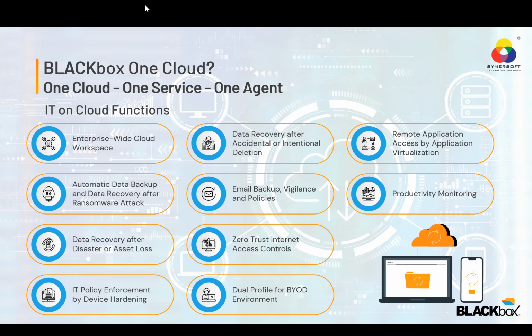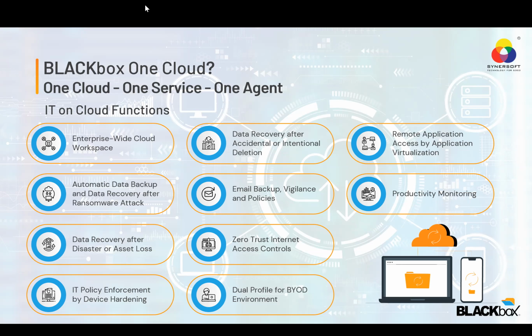So when we want to achieve so many functions which are essential, and we cannot really compromise on these functional objectives, we need to make sure that we install so many agents on the computer system. We install so many agents and we subscribe to respective cloud services. That is how right now we are taking our businesses on the cloud.